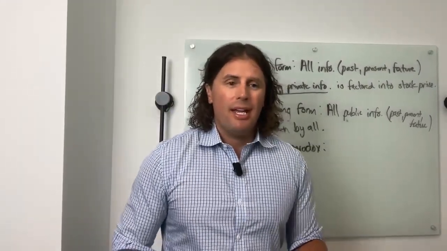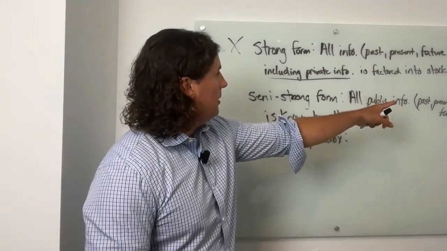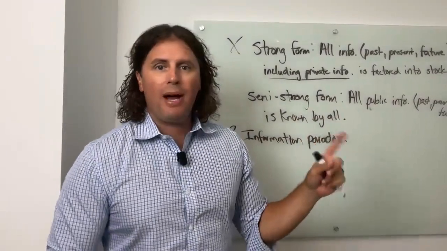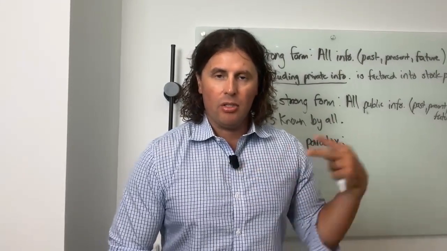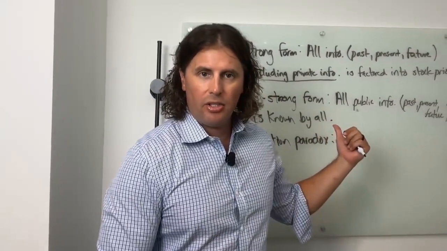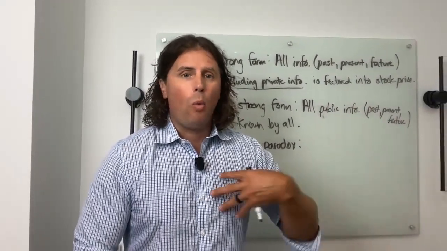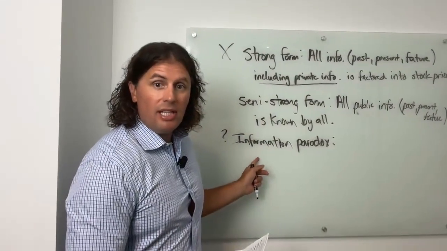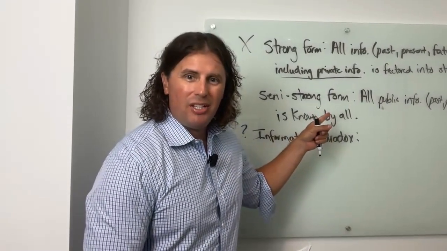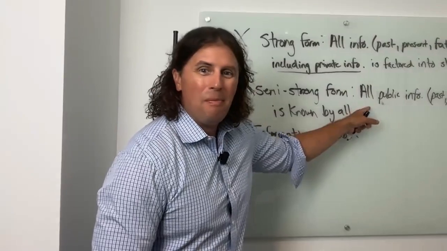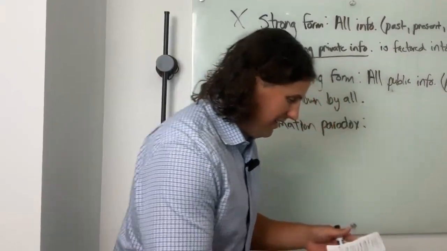If all information, public information, past, present, and future, is known by all, then what is my motivation to seek out this information? That's all already baked in and it's already known by everybody. Why do I have motivation to seek out information? But if I am not motivated to seek the information, then not all people know all the information. See the circular logic here? I'll write it out here.